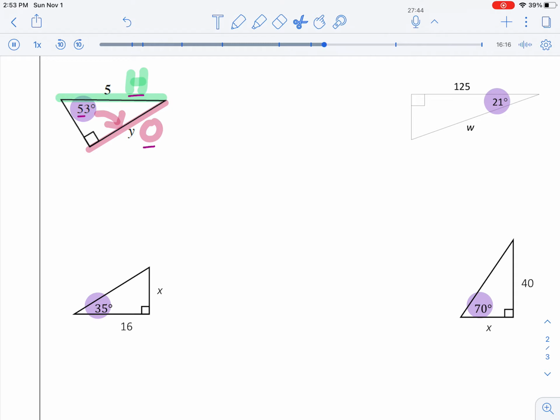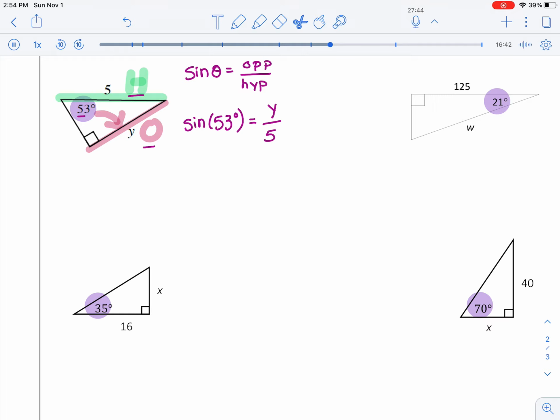Well, I know that the sine of an angle is equal to the opposite side divided by the hypotenuse. So I can say that the sine of my angle, 53 degrees, equals the opposite length, y, divided by my hypotenuse of 5.